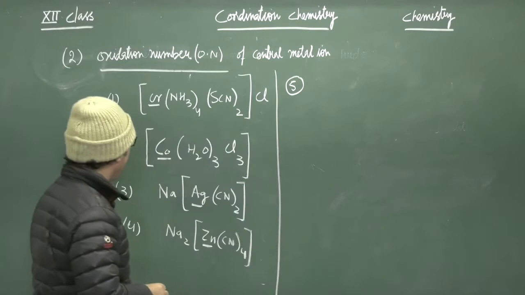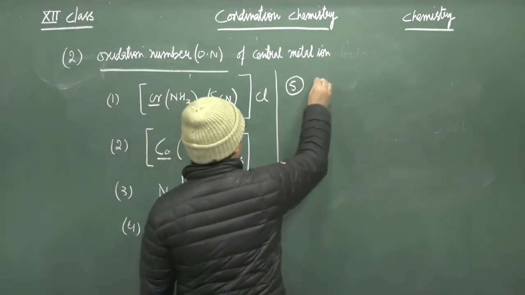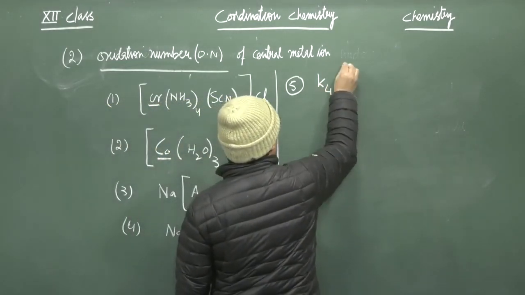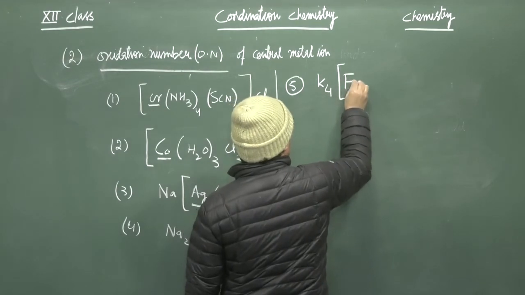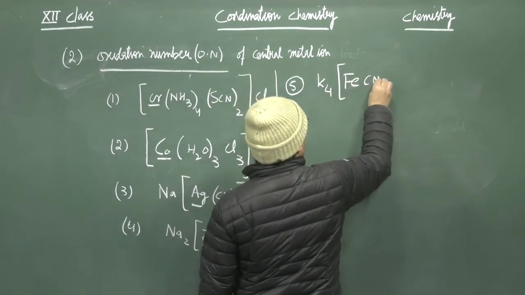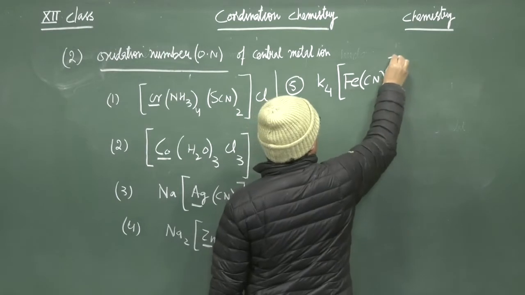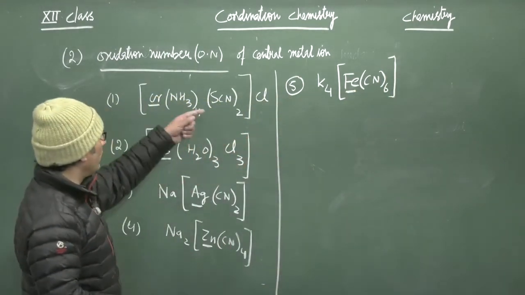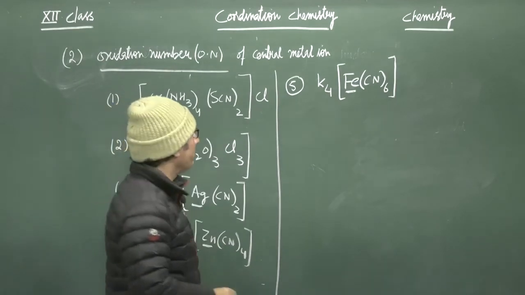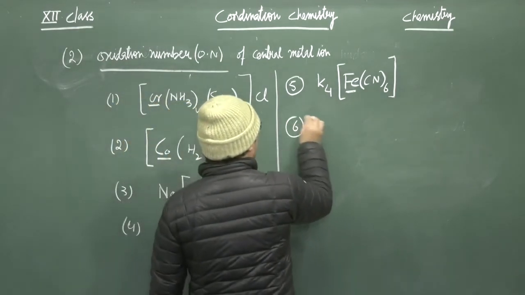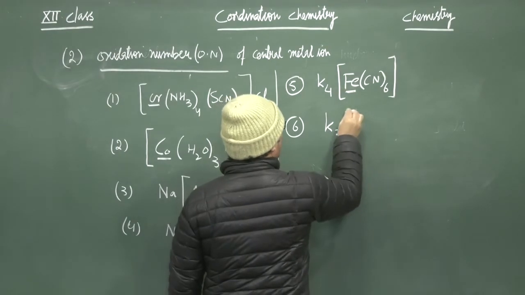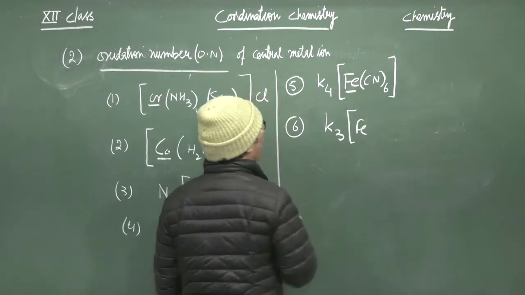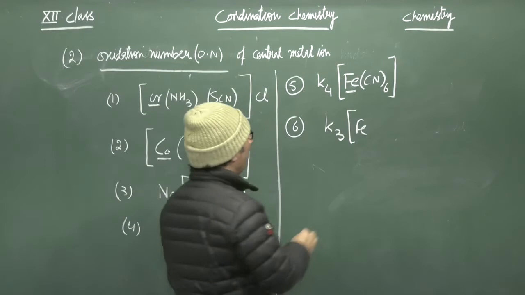Fifth one will be K4 Fe CN 6 times. Here central metal ion is iron. I'm asking you to calculate the oxidation state of iron. Sixth one is, these are twin compounds of iron, K4 Fe(CN)6 and K3 Fe(CN)6.